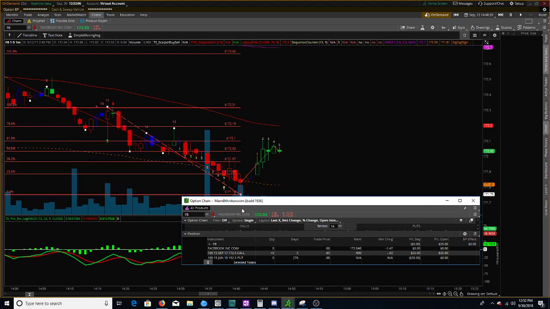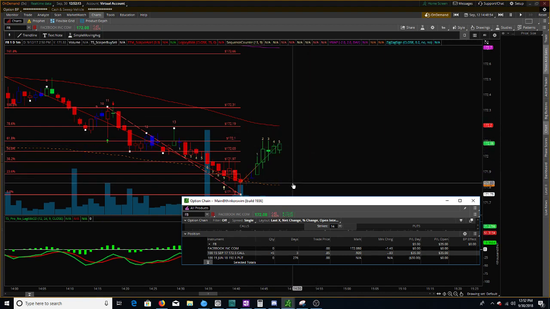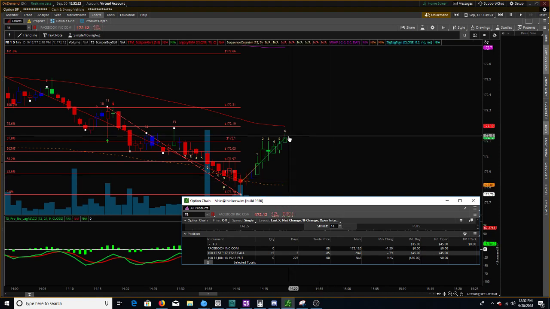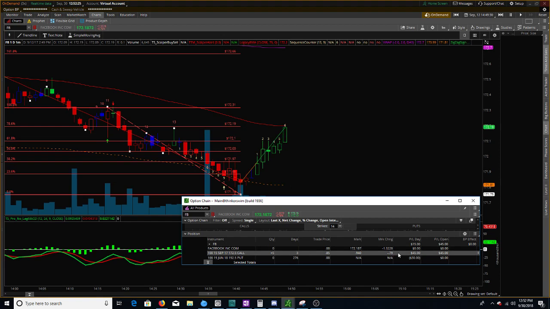This looks like a bull flag going up, consolidating, and it'll go up for the next leg. Boom, there we go. I'm up $45 right now.